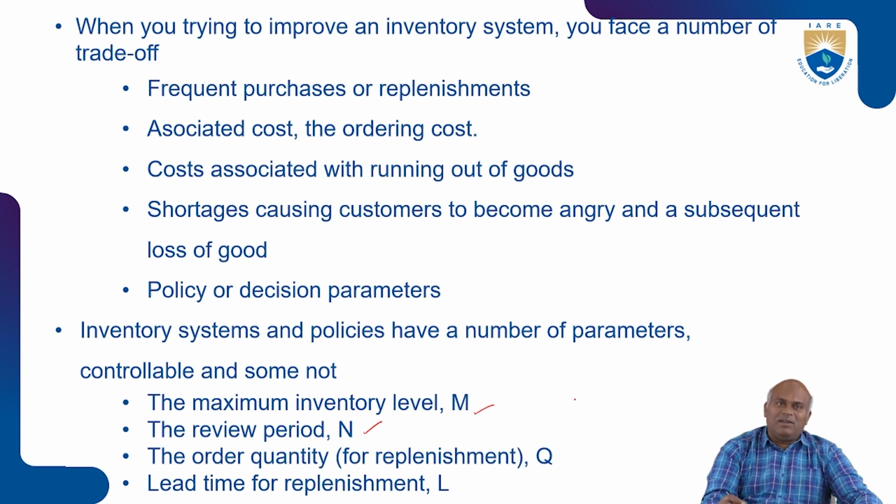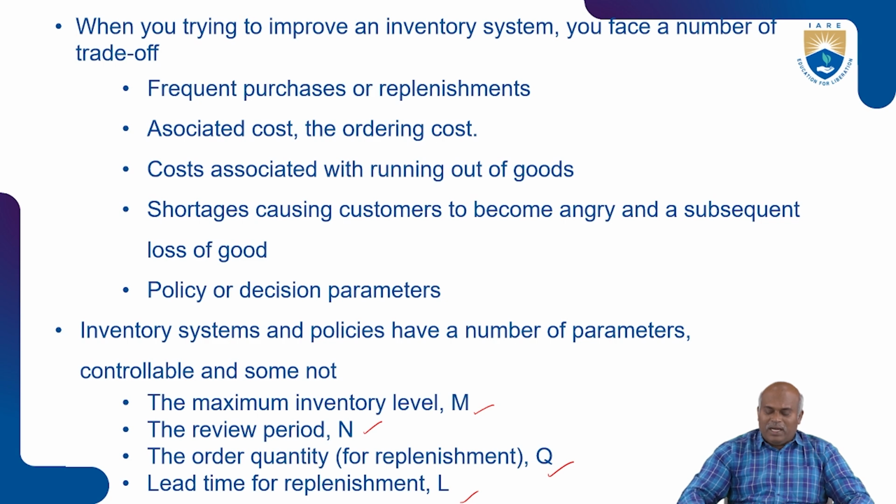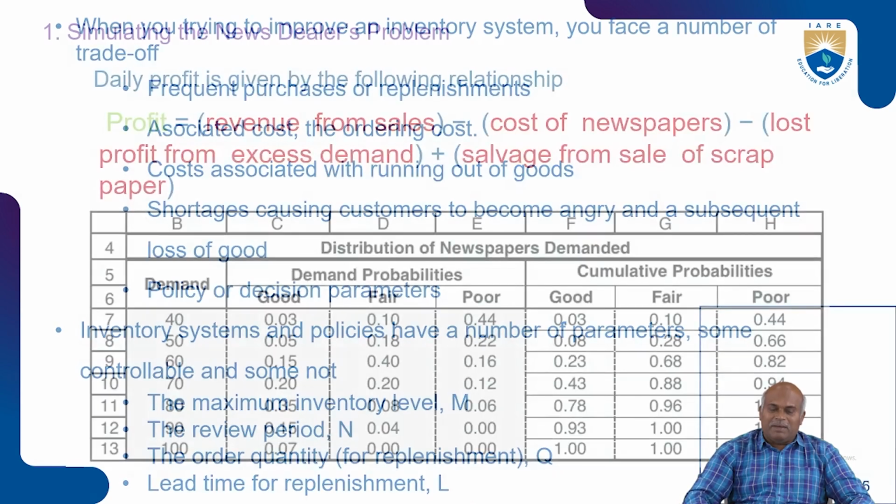Then order quantity we represent as Q. Then lead time for replacement we call L. These four parameters are very important: the maximum inventory level M, review period T, order quantity Q, and lead time for replacement L. Based on these inventory parameters, we should look at some further examples.